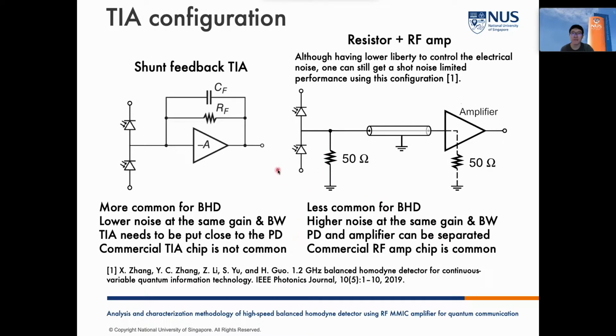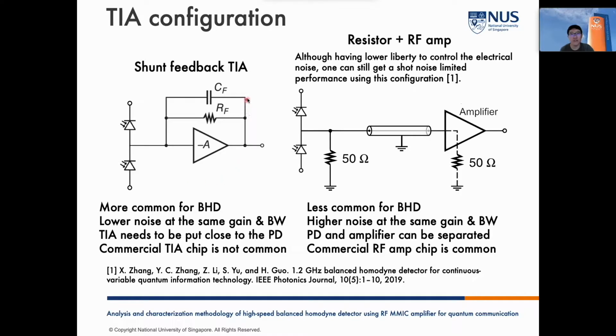In general, there are two configurations of TIA. The first one on the left is called the shunt feedback TIA, and the second one on the right is just a resistor and a voltage amplifier, which can be separated by a transmission line.